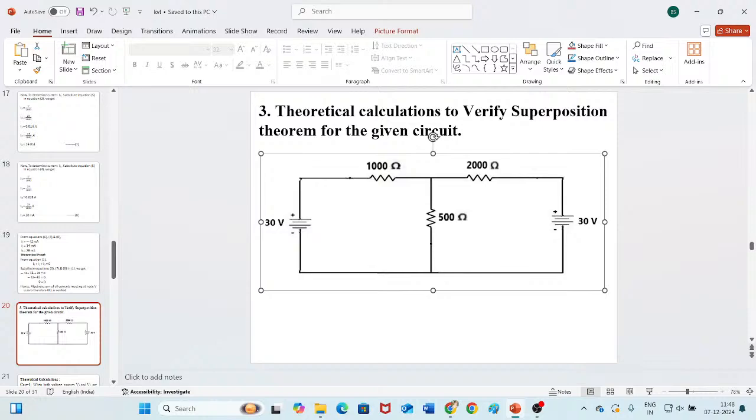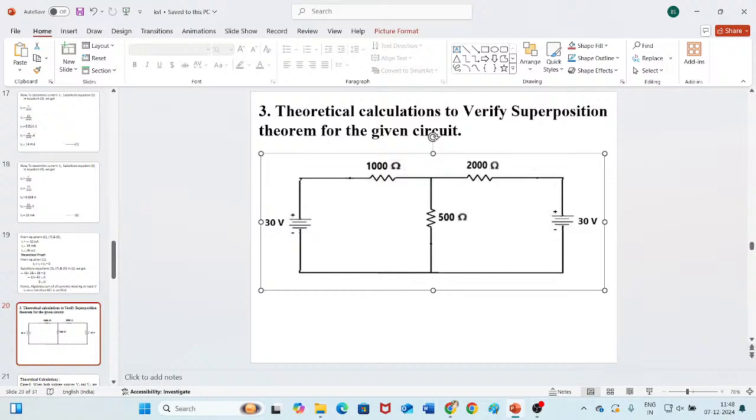You can see in this circuit our voltage source is 30 volts. Of course, there is another voltage source. The superposition theorem is applicable for a circuit which has multiple sources. Multiple means more than one.